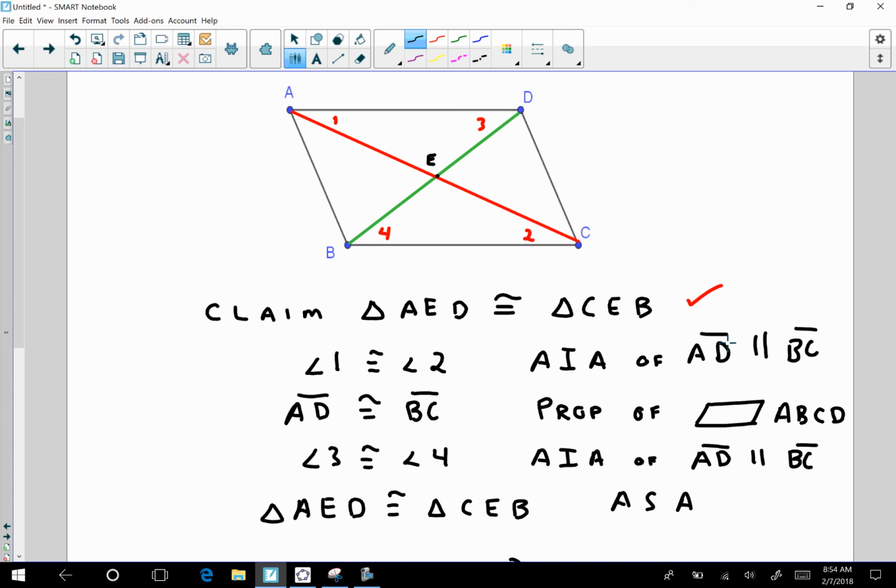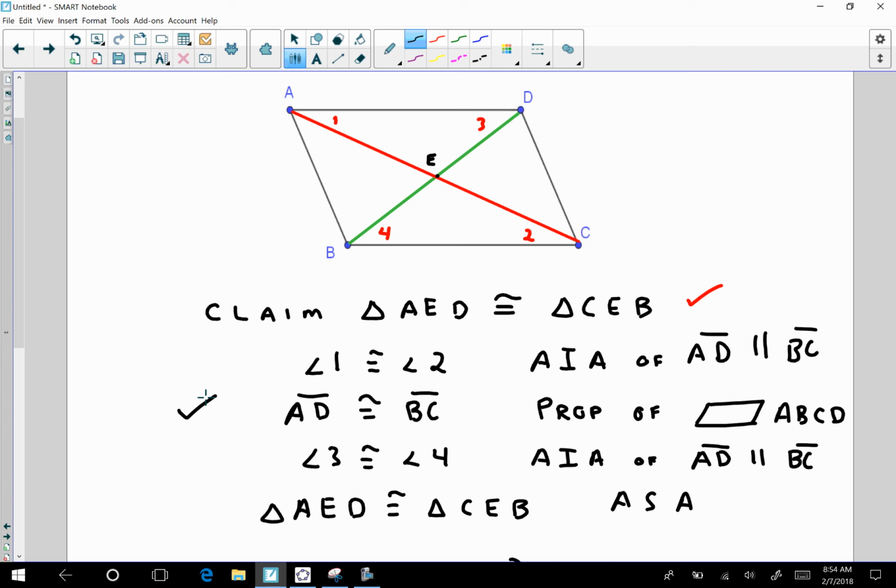If you prove a property, then you can use it to prove another property, as we are doing here. So AD is congruent to BC because of a property I have proven prior about parallelograms: opposite sides are congruent. I also see that angle 3 is congruent to angle 4, because of alternate interior angles of segment AD being parallel to segment BC.